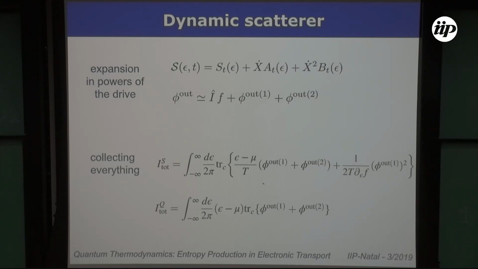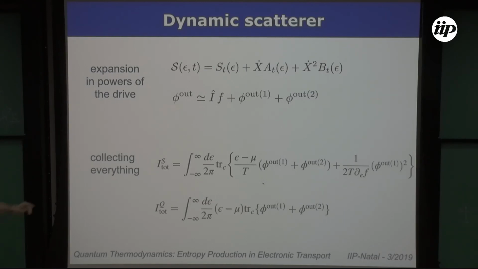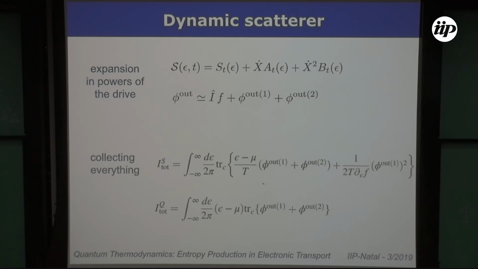The first order is reversible, and the second order is connected to dissipation, to irreversible processes. Concerning what comes out of the system, we also make the same kind of expansion, and collecting all the results together, we arrive at a nice-looking formula for the entropy current and for the heat current.